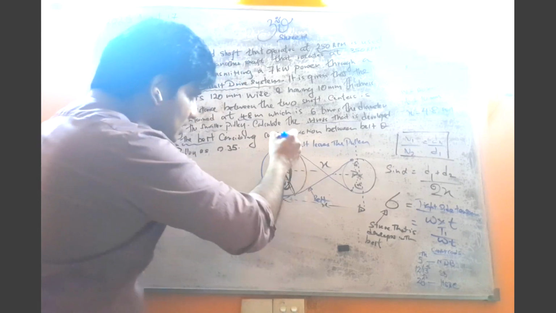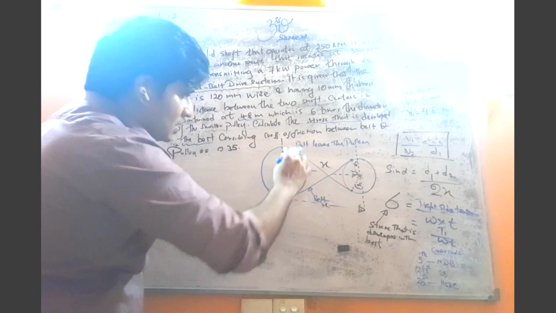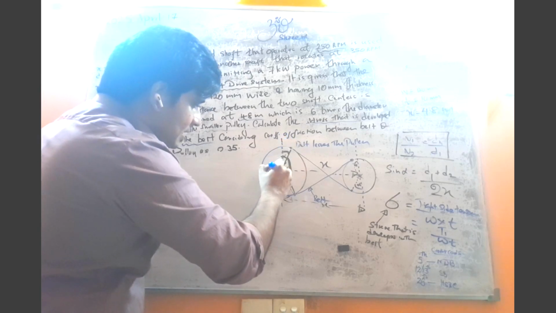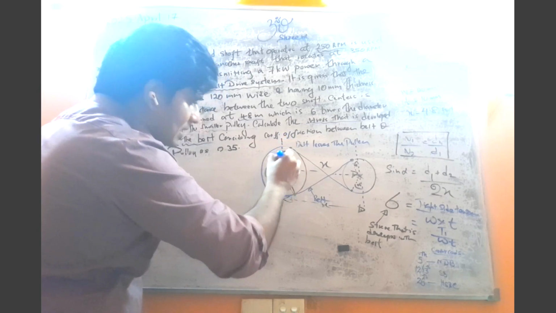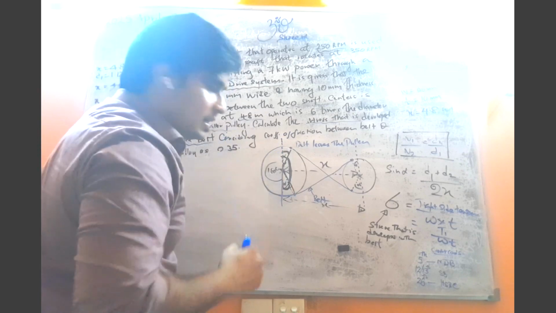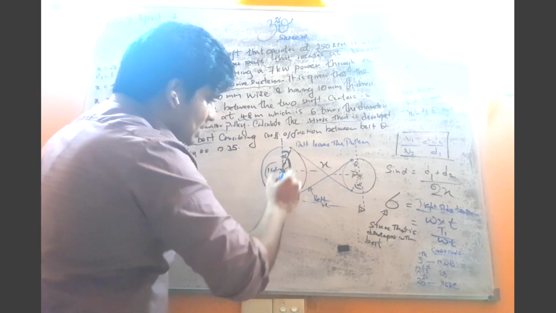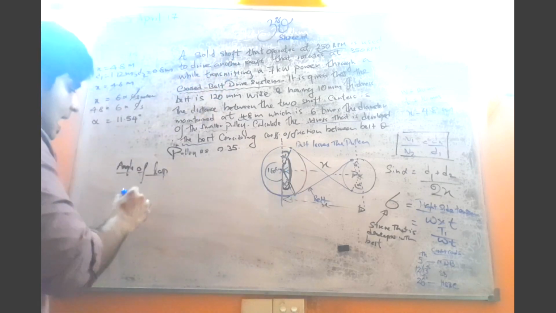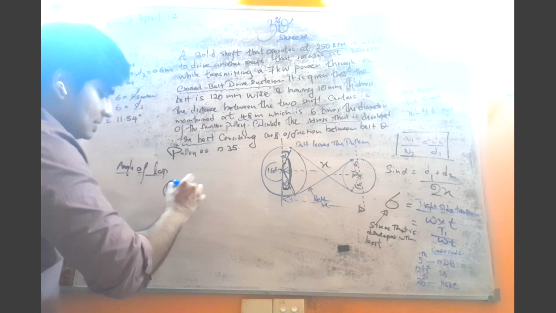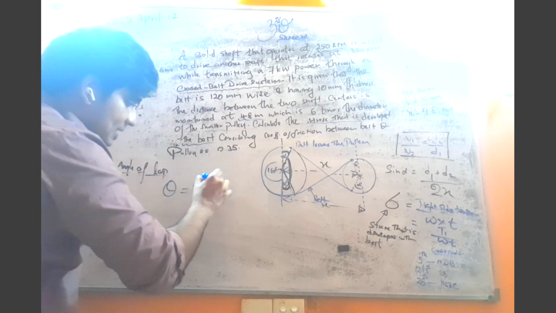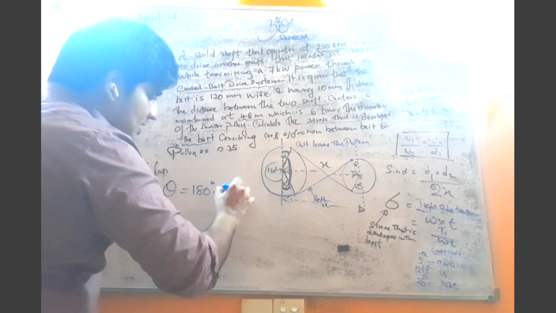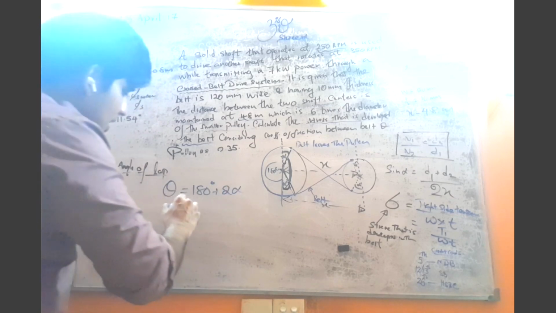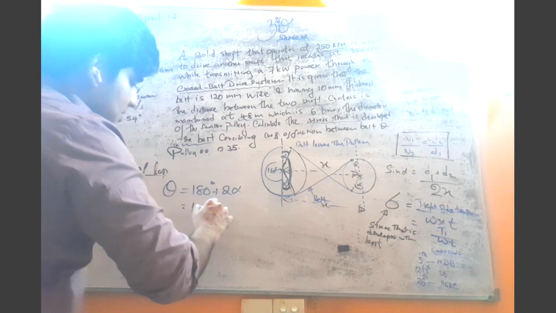So that is actually 180 degrees, right? Because you know that from here to here we have 180 degrees, plus one alpha from there and another alpha from there. So if you say that angle of lap is theta, what is that? 180 degrees plus twice alpha.